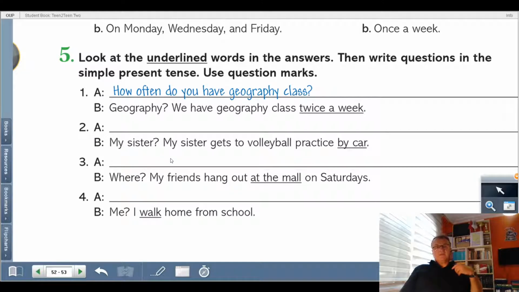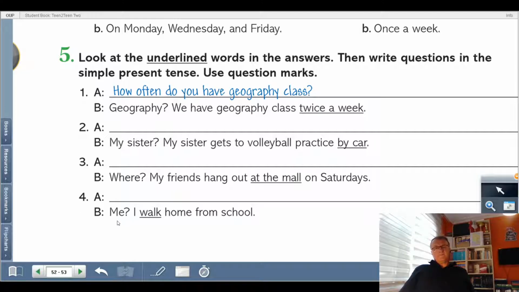My sister gets to volleyball practice by car. By car means which one? Think about this. 3, my friends hang out at the mall on Saturdays. So you have to ask a question with this to take the answer as this sentence.